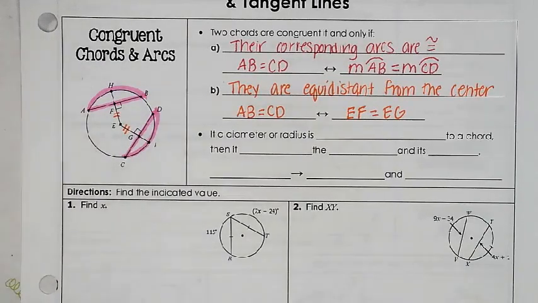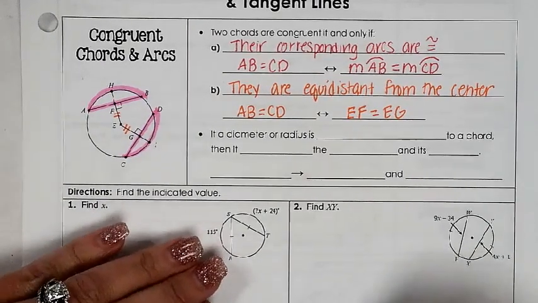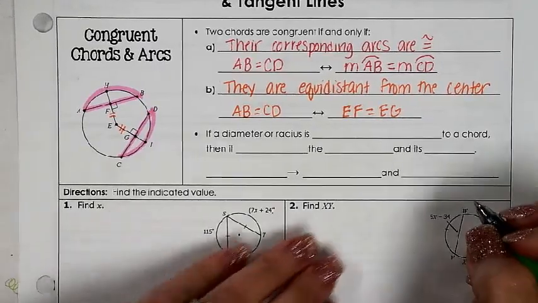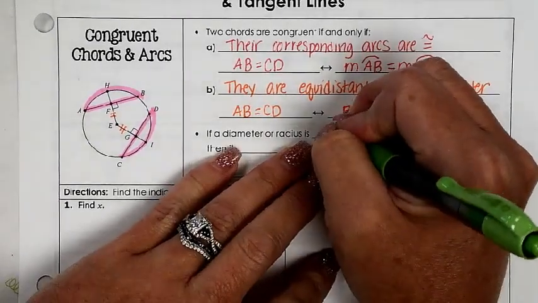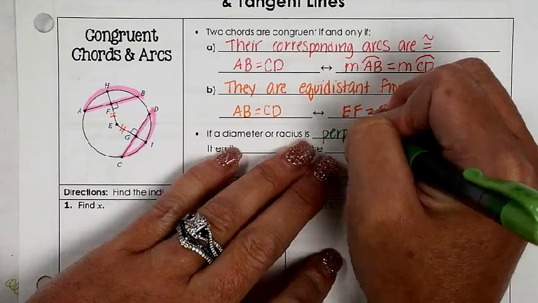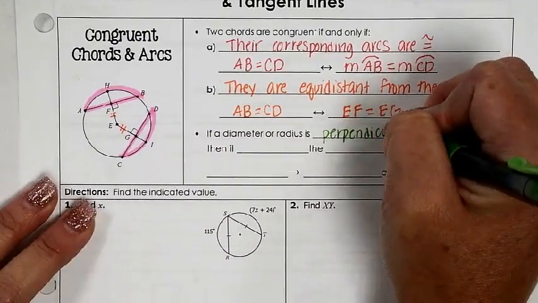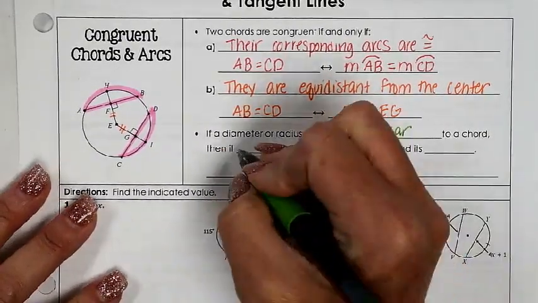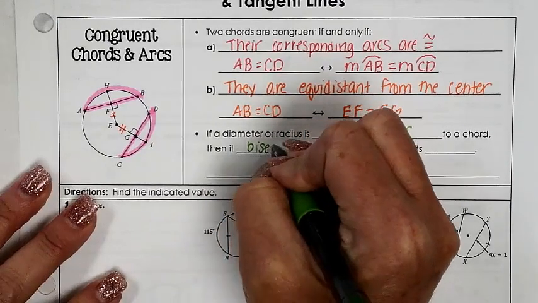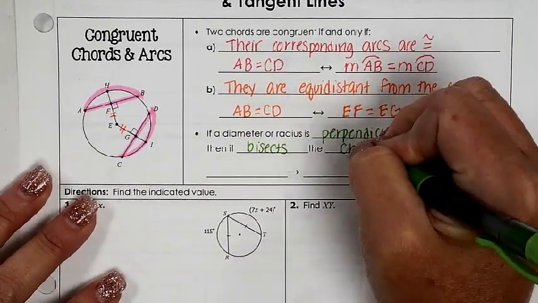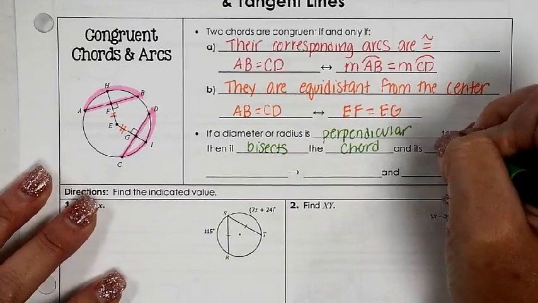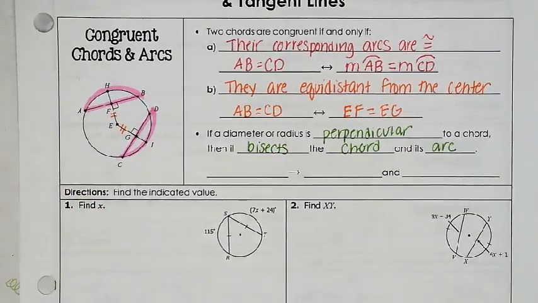All right, next. If a diameter or radius is perpendicular to a chord, then it bisects the chord and its arc.